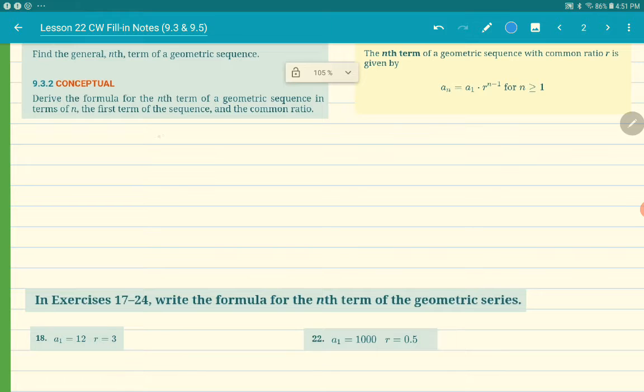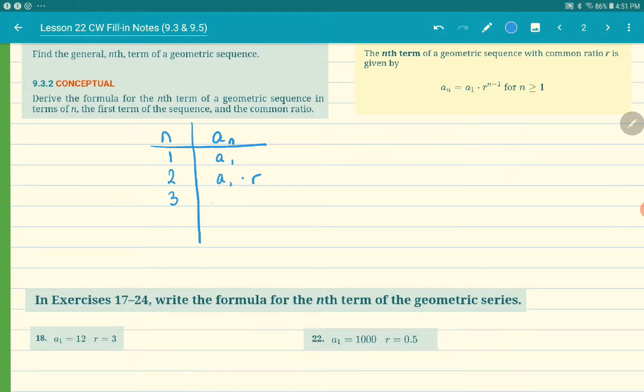So if I have n and some geometric sequence term an, if I start that, my first term, of course, is whatever a1 is. In my second term, I take that a1 and I multiply it by the common ratio.